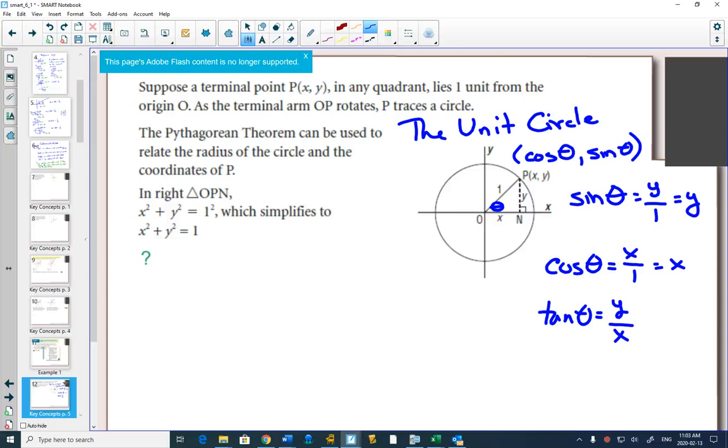The interesting thing is this now explains the cast rule. Because if I pick a point in quadrant 2, which coordinate is positive? Which one is negative? The x coordinate's negative in quadrant 2, and the y coordinate's positive. Can you see that that makes cos negative, sine positive? In quadrant 3, both your x and y coordinates would be negative.